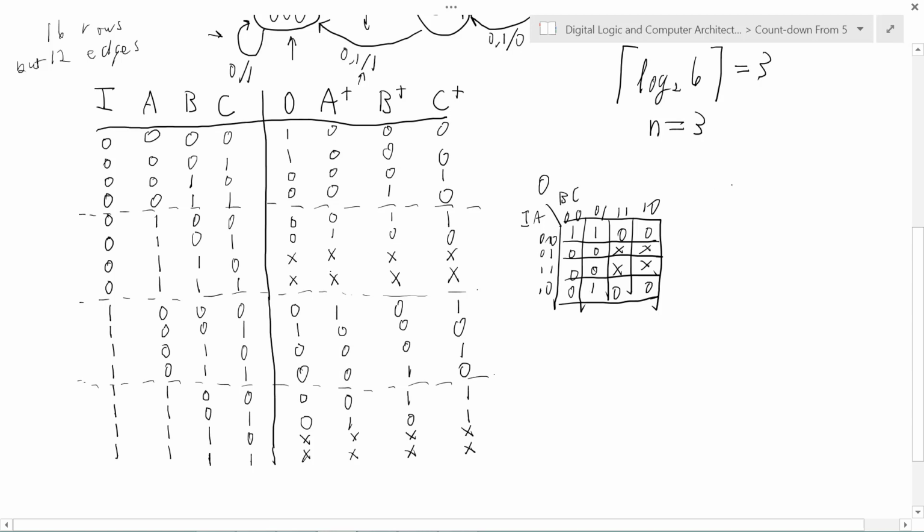Output O is taken care of here for the time being. Let's optimize it and group it in just a moment.